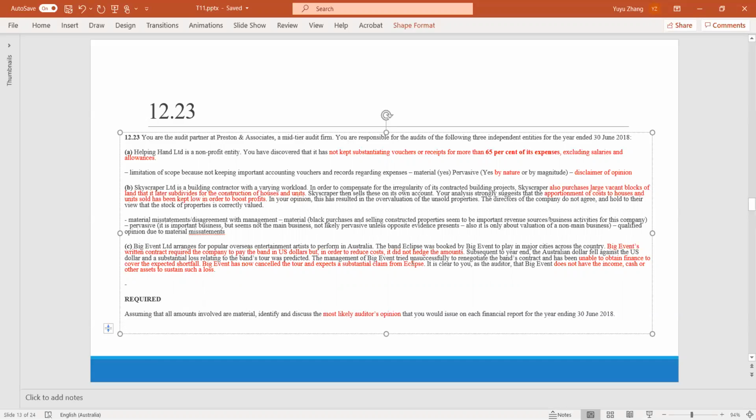Management tried unsuccessfully to renegotiate the contract. They are not able to get finance to cover the expected shortfall. They have canceled the tour and expected substantial claims from the band. Now it is clear to the auditor, the big event company does not have the income, cash, or other assets to sustain such a loss.